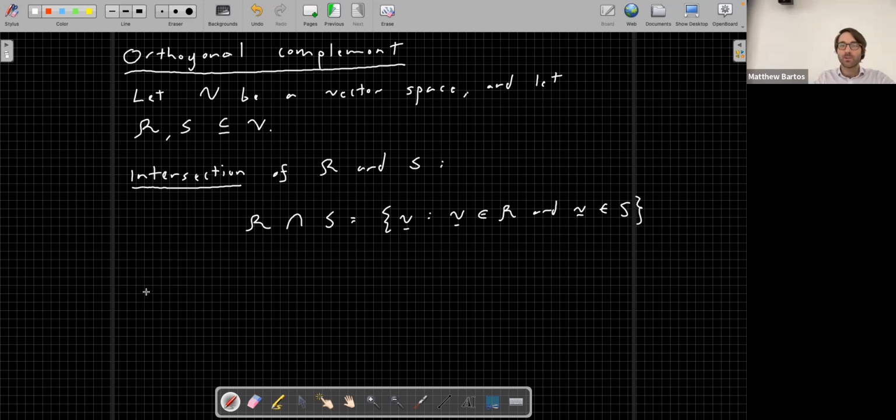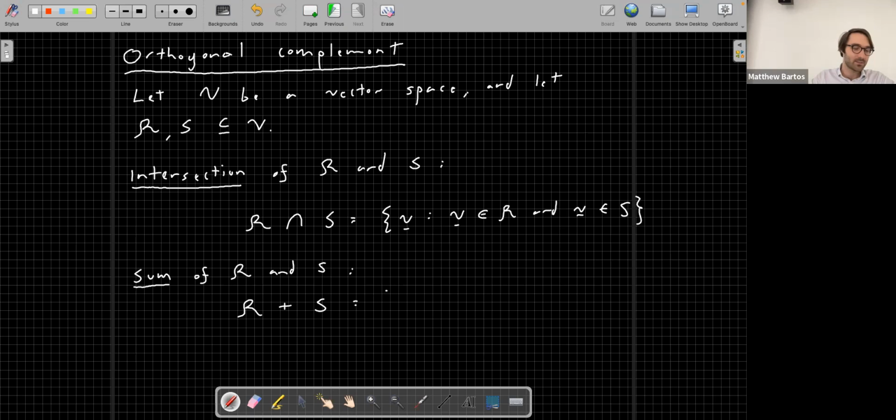Okay. We can also define the notion of a sum of two vector spaces. So we say that the sum of R and S is denoted as R plus S. Note that these are vector spaces, so these are sets.